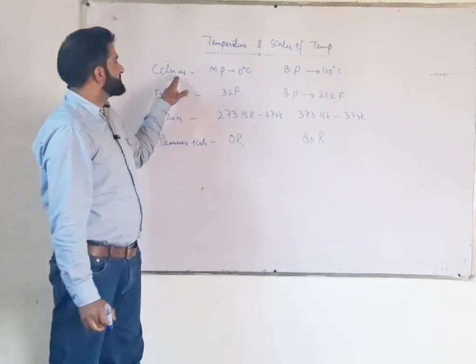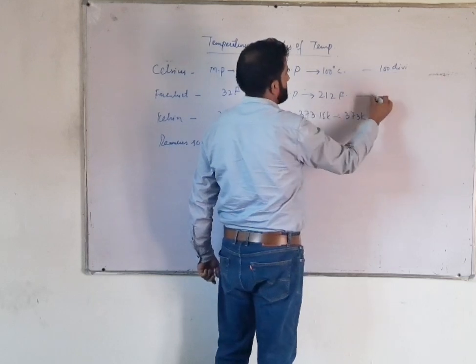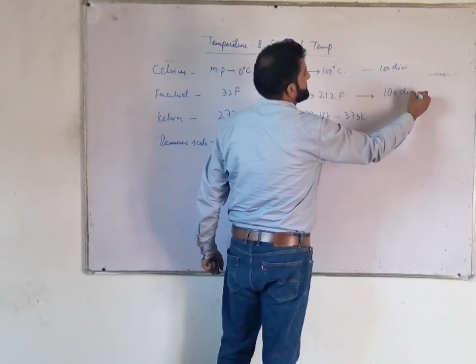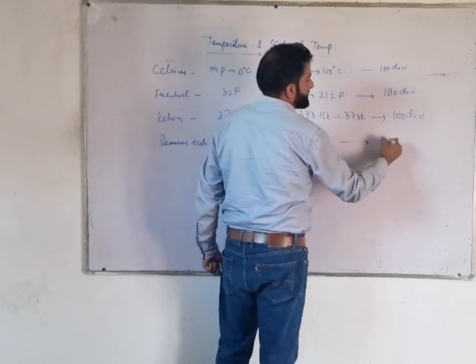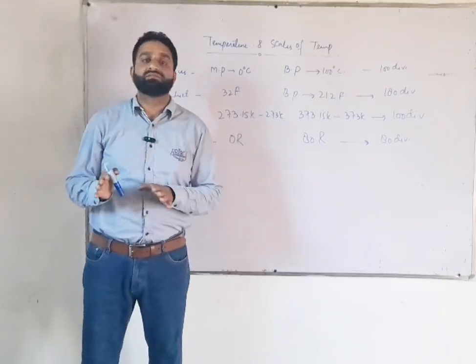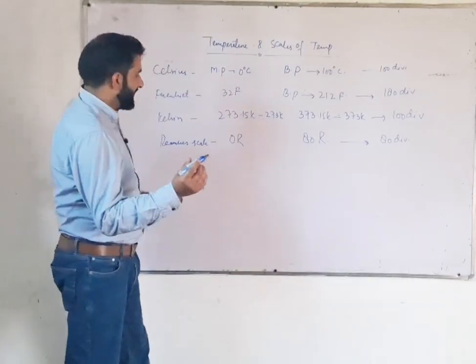Talking about the divisions, the Celsius scale has 100 divisions, the Fahrenheit scale has 180 divisions, the Kelvin scale has 100 divisions, and the Reaumur scale has 80 divisions. We can also convert values between different scales using this equation.